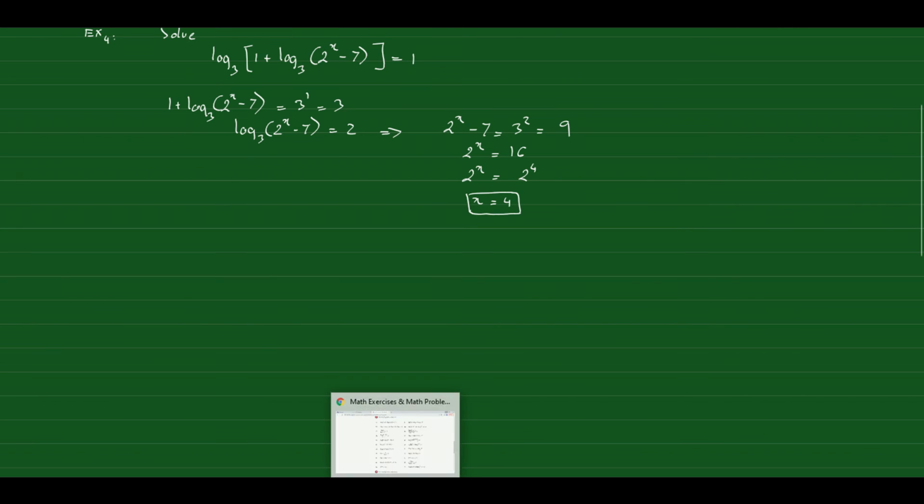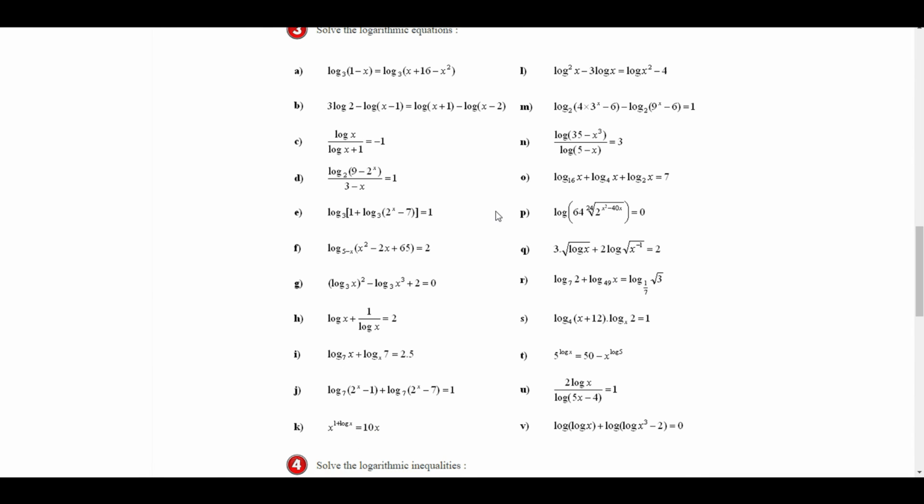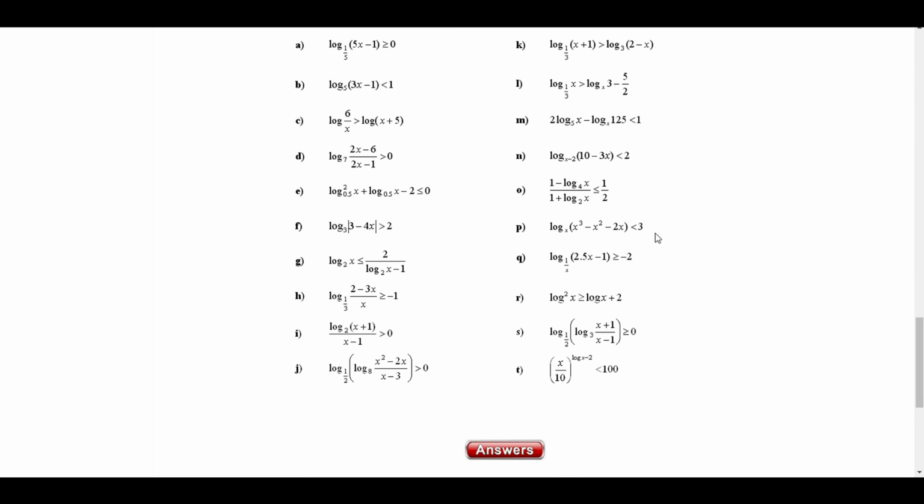Let's see what else. Trying to have some fun over here. Maybe you look at this and you say, oh, I don't like to do this, but believe me, it's not really that bad at all. We can do this if you want, but maybe some of you don't like it. So I think I'm going to do something simpler.